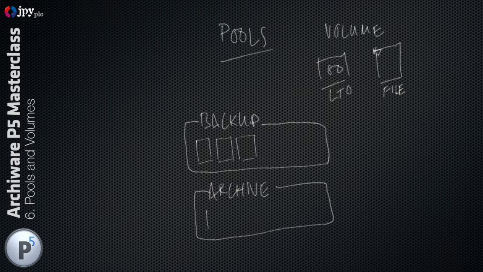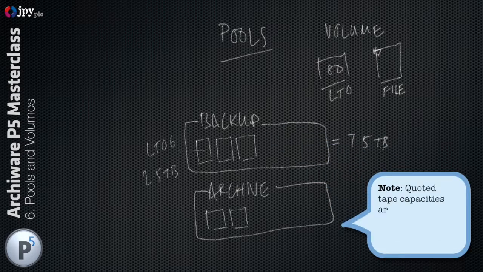A pool can have any number of volumes in it, and the more volumes in a pool, the more capacity that pool provides. For example, if these were LTO 6 cartridges which store 2.5 terabytes each, then we would have 7.5 terabytes of capacity in our pool. And then if we added another tape, then we'd have 10 terabytes and so on.